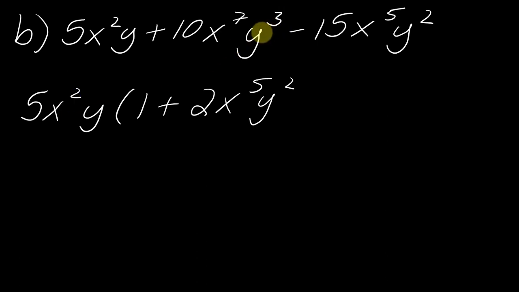And same thing with the y's: I've got y cubed, and I'm taking away 1 y, so I'm left with y squared. So you're literally just subtracting out whatever these variables' exponents are, which makes the last term minus 3x cubed y. Okay, so here is my answer.